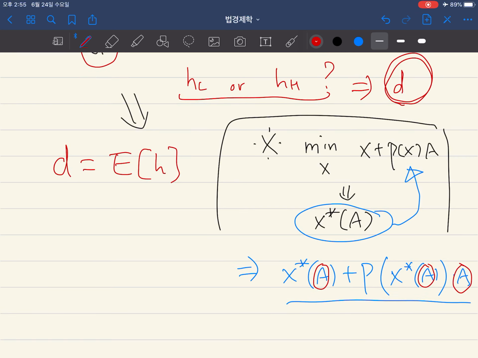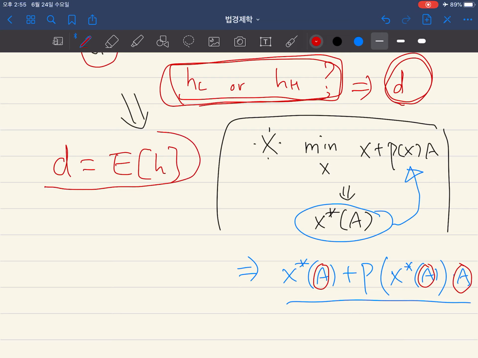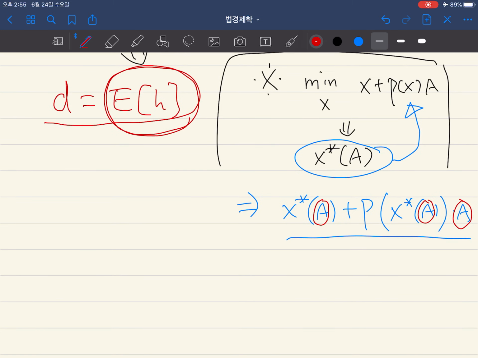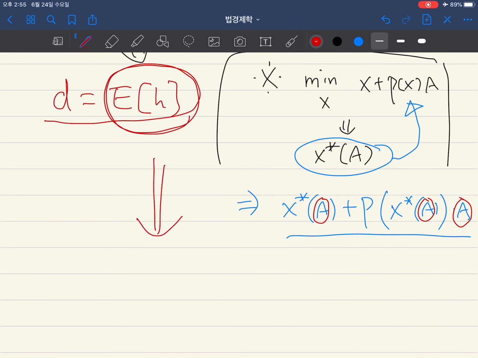So intuitively it says when the court does not have information, so the court is not sure whether harm is small or big, in this kind of situation, the court is going to order the defendant to pay average harm. So using this expression, we can write down social cost under no verification.